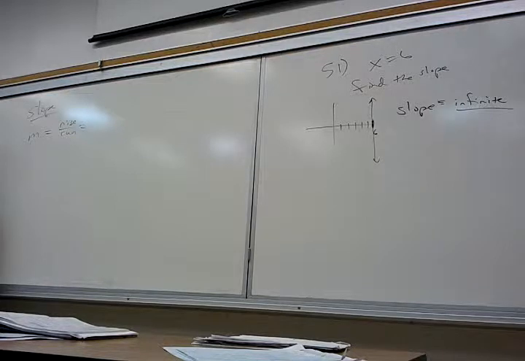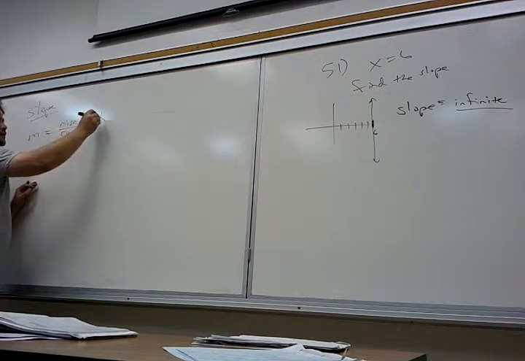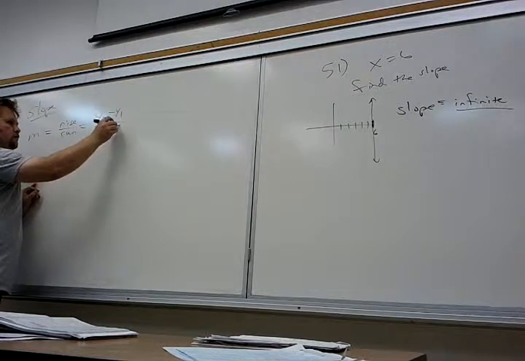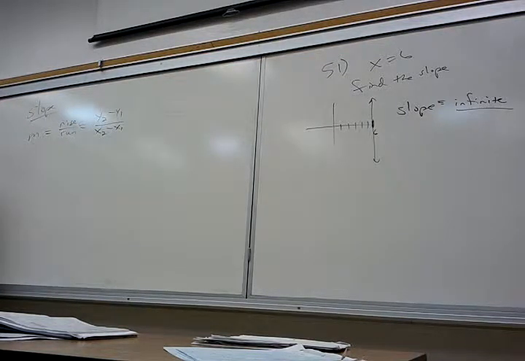So the y's go up top. It's how much I rise, and like we said, when I change y, I go up or down. So that's why it's rise or fall. And of course, run must be the other guys.